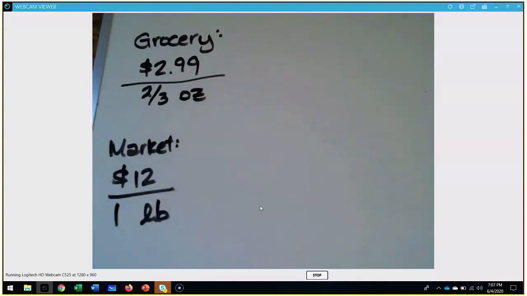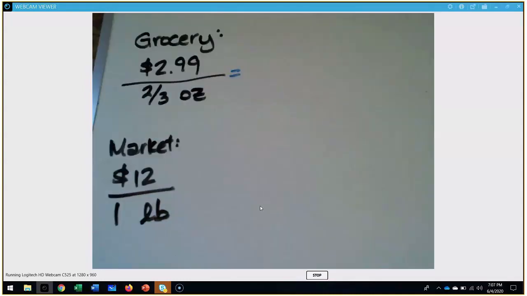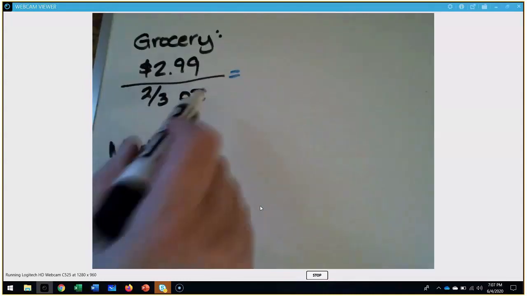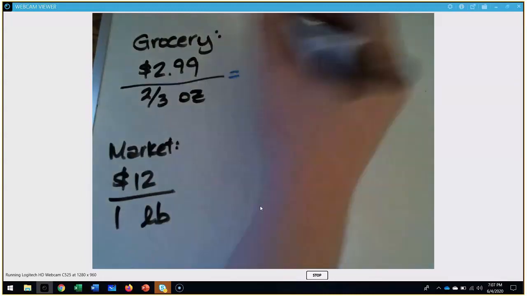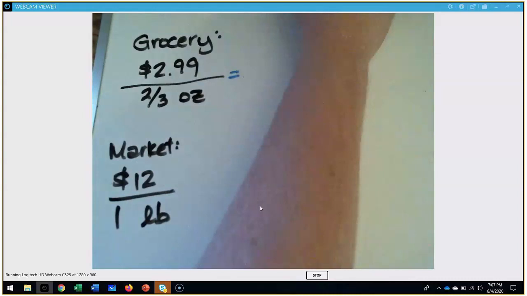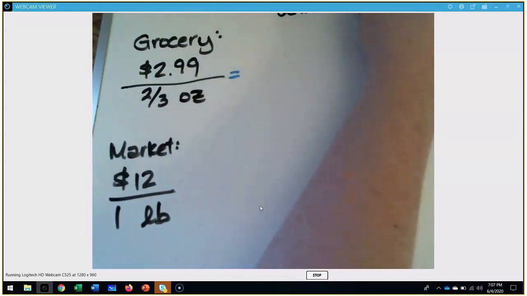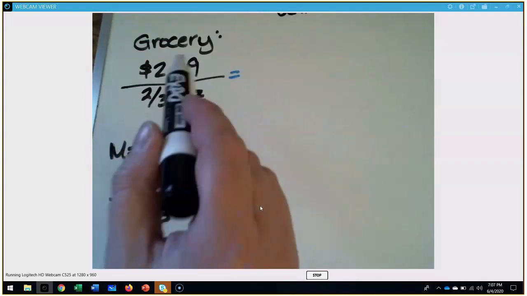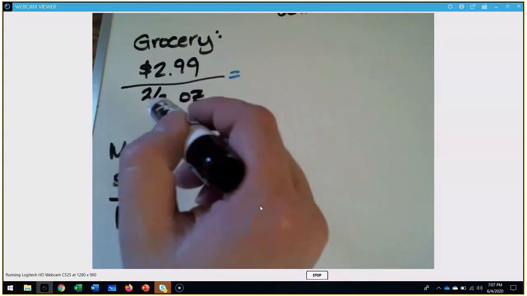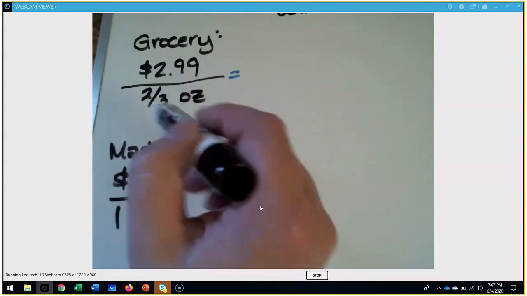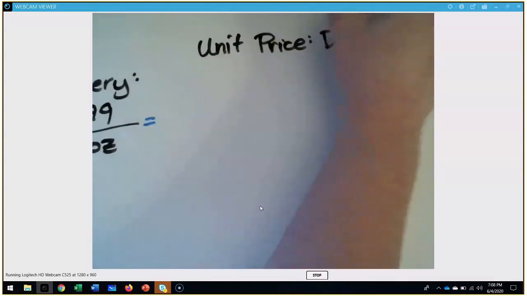So here's my strategy. I need to know how much does it cost for 1 ounce, and then I need to get the sizes to be the same. To find a unit price, no matter what it's written in, whether it's price per fractional amount or let's say it was $2.99 for 4 ounces, a whole number, to find a unit price, you just divide.